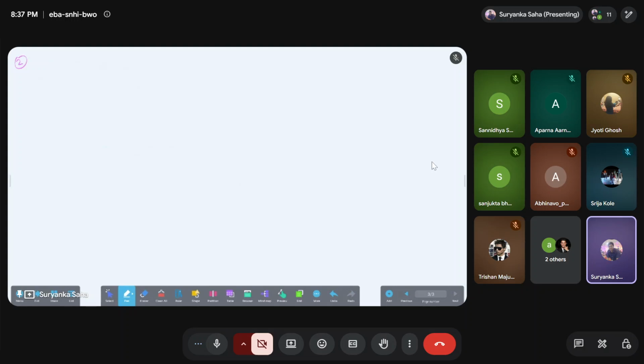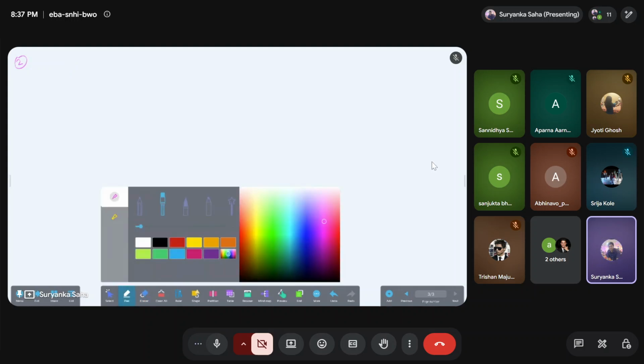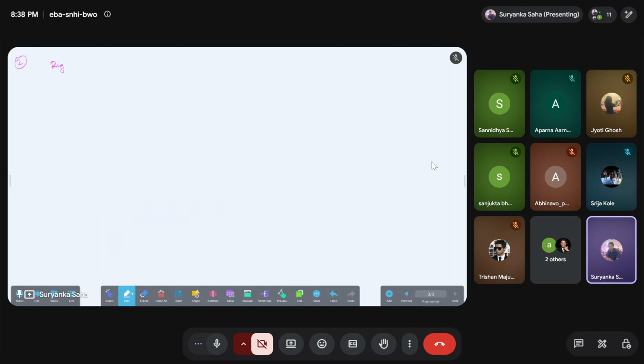Now, the second question is: in a right angle triangle, the hypotenuse is 26 centimeter.